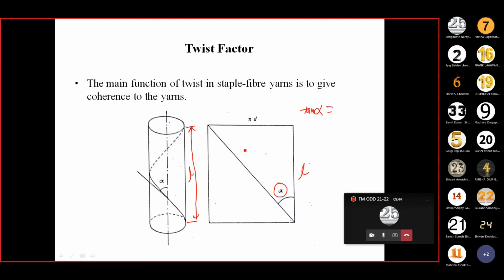So this length is L. So your tan alpha is pi d upon L. Right. Pi d upon L. Your tan alpha is pi d upon L.